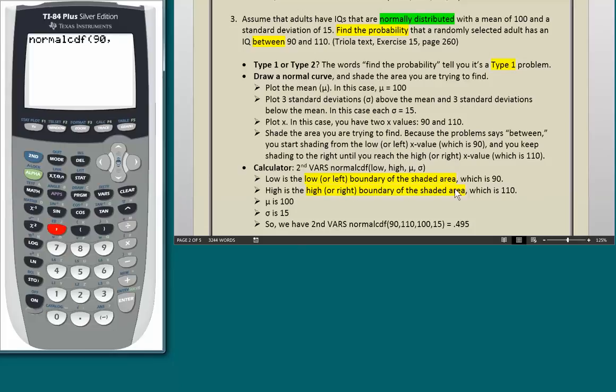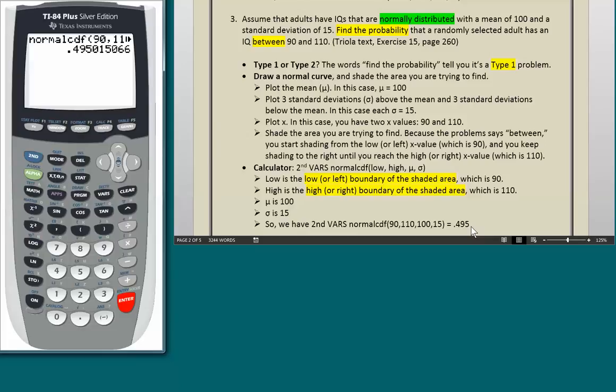The high or right boundary is 110, so 110 goes there. Again, mu is 100. Sigma is 15. We close the parentheses. We hit enter. And we get 0.495, etc. And here's our answer, 0.495.